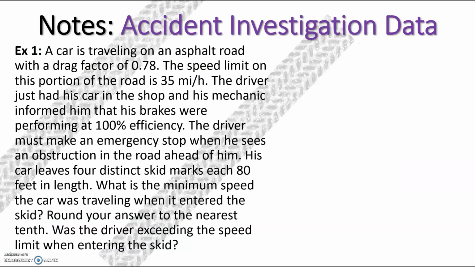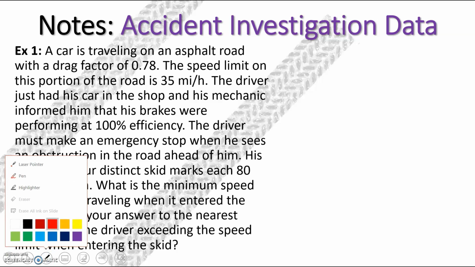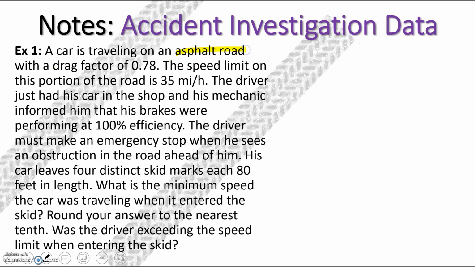Example 1. A car is traveling on an asphalt road with a drag factor of 0.78. The speed limit on this portion of the road is 35 miles per hour. The driver just had his car in the shop, and the mechanic informed him that his brakes were performing at 100% efficiency.